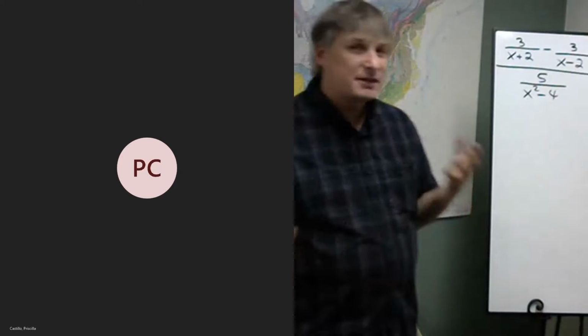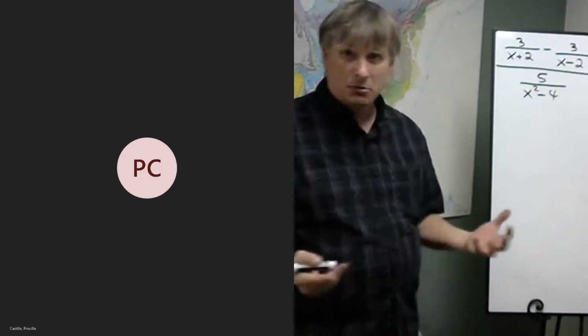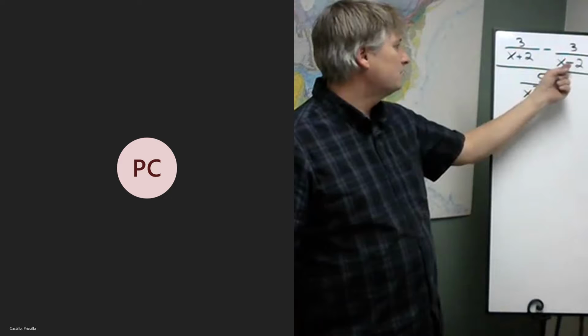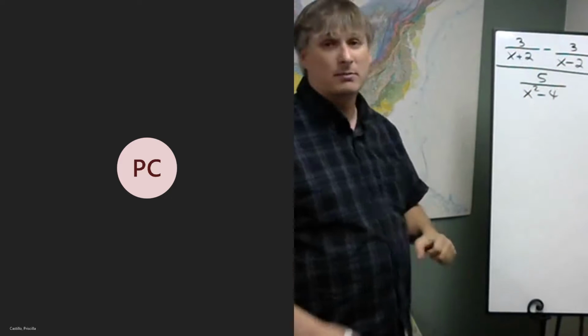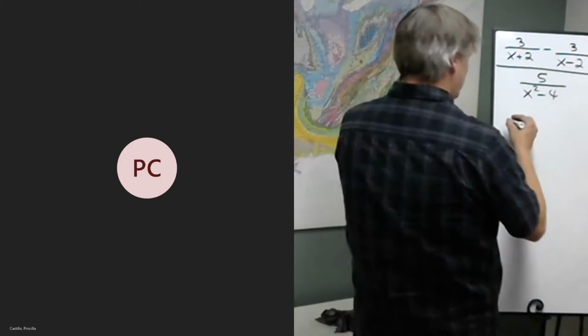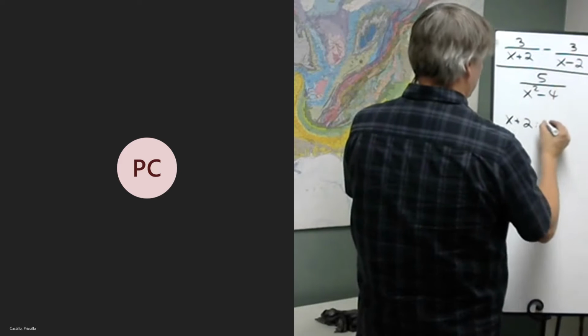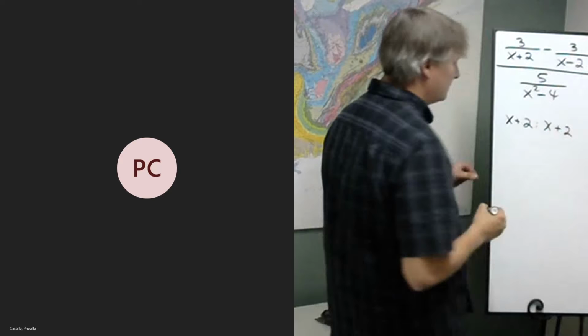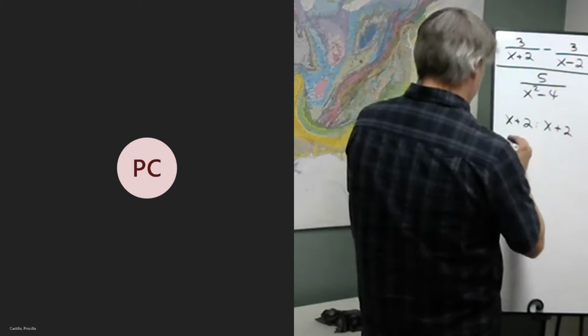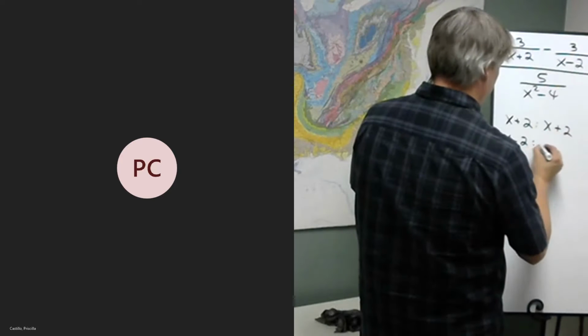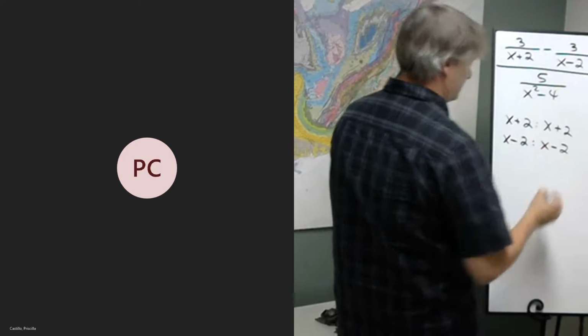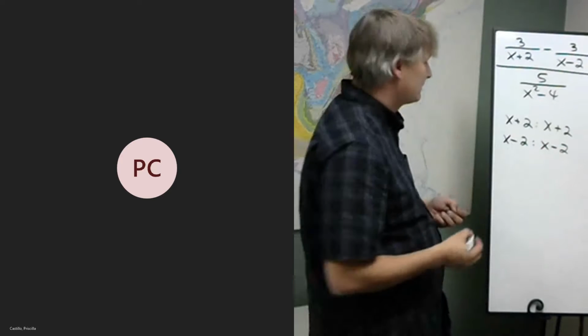So once again, let's take a look at all the denominators. We have 3, x plus 2, x minus 2, x squared minus 4. Now, x plus 2 doesn't factor. That's just x plus 2. x minus 2 doesn't factor. That's x minus 2.